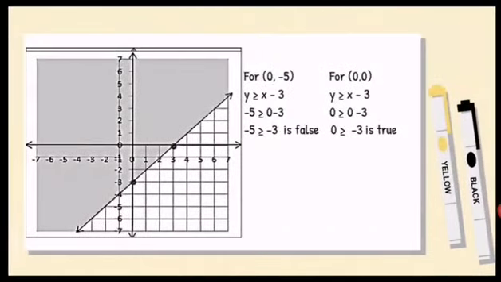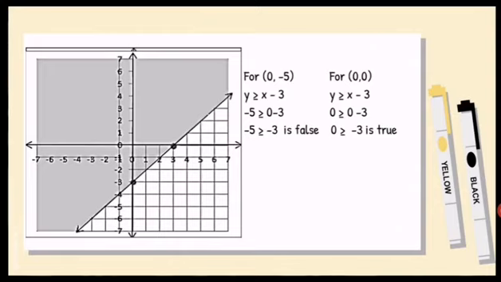For (0, -5), substitute y with -5 and x with 0 in the inequality y is greater than or equal to x minus 3. Therefore, we have -5 is greater than or equal to 0 minus 3. -5 is greater than or equal to -3 is false. For point (0, 0), this time substitute x with 0 and y with 0.